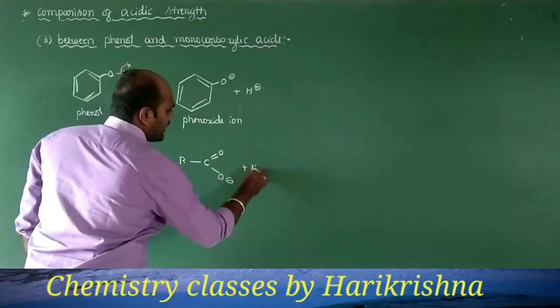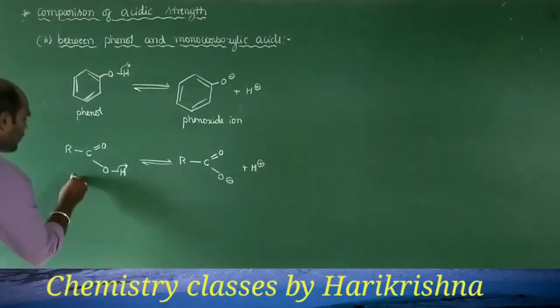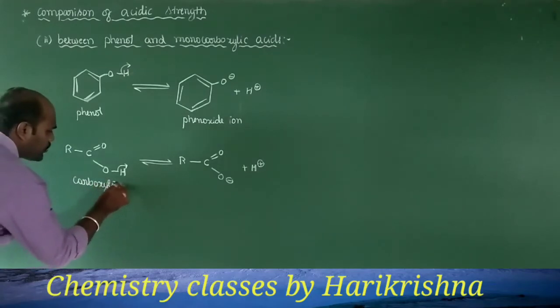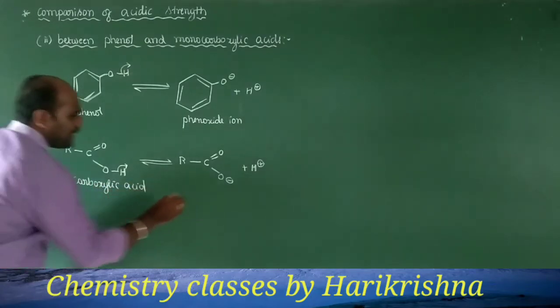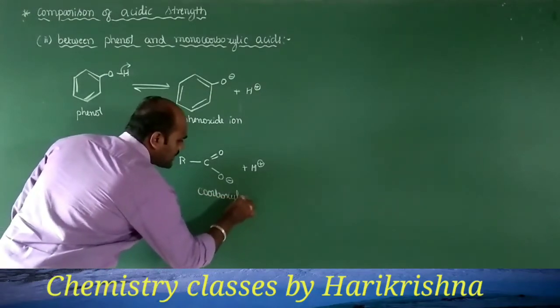So carboxylic acid on dissociation results in the formation of carboxylate ion.